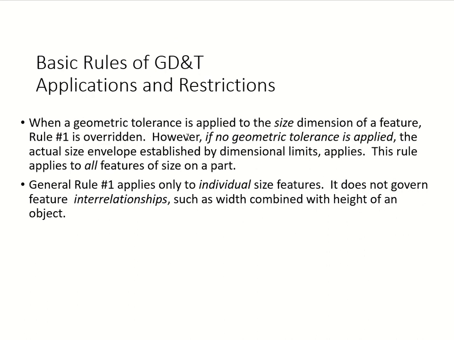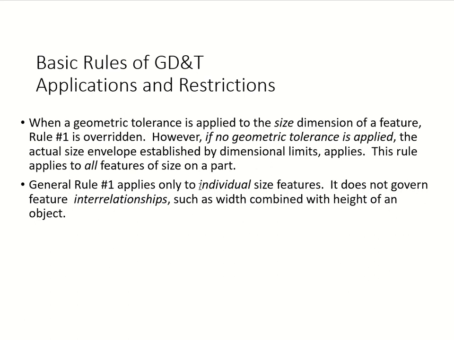When a geometric tolerance is applied to the size dimension of a feature, that's going to override Rule 1. If you don't have a geometric tolerance, then the actual size envelope is established by the dimension limits. So this is telling you that if you don't have a geometric tolerance applied, then you just go with your actual size.